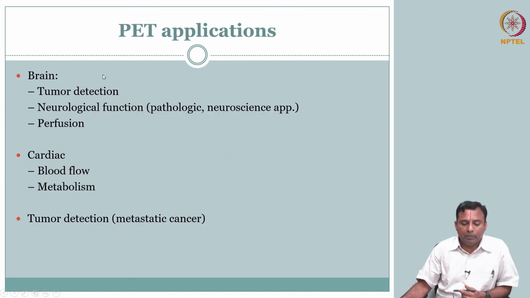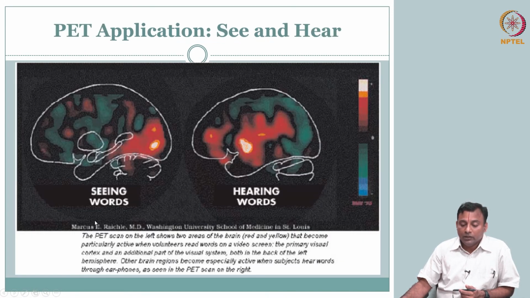Okay. Likewise, PET has multiple applications, same brain, you have neurological, neuroscience applications, a lot of science questions on understanding of the brain, you use PET. Cardiac, tumor detection. So several interesting things, just to reiterate that it is a functional imaging.